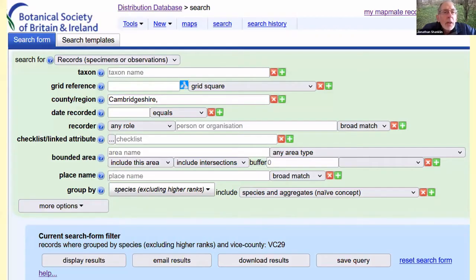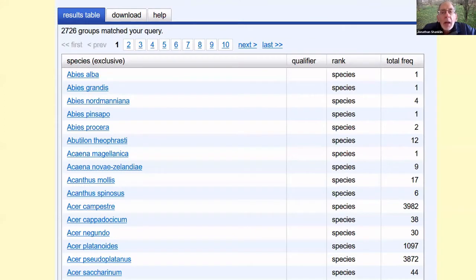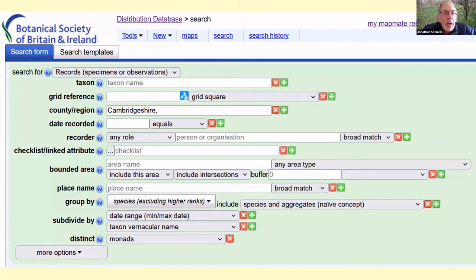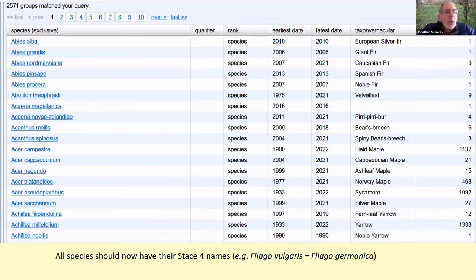You can use the DDB to generate a similarly simple list with a very simple query, and this just tells you the number of records of various species that are present in your county. Now, making it a little bit more complex query and asking to divide by the date range and including the vernacular name and counting the number of monads, you get a somewhat different list.